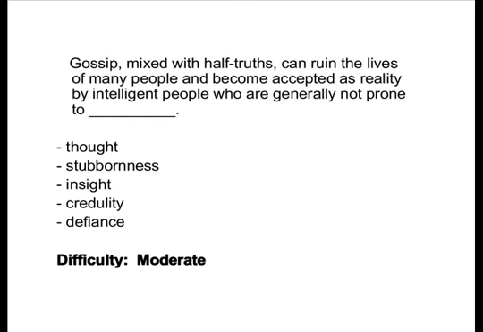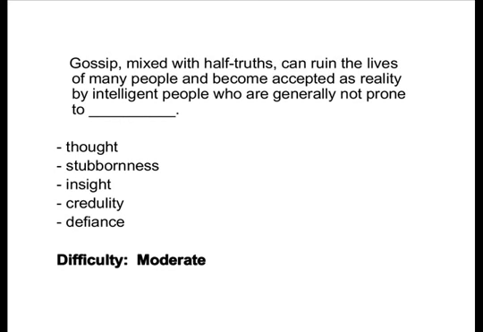Okay, so the key theme here is that intelligent people are generally not prone to... what? They're generally not prone to being fooled, right? They're not naive. They're usually smart. Clearly that is what the sentence is saying. That's the main point. Now we can't put in thought because we certainly wouldn't say that intelligent people are generally not prone to thinking.